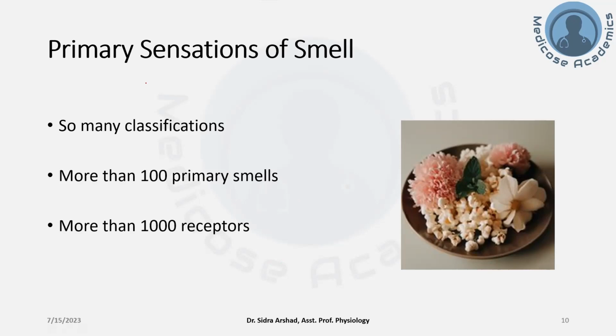Therefore, the primary sensations of smell cannot be discerned. However, they are clumped together into certain categories, and these categories are usually used. For example, all the pleasant smelling or flowery smelling substances and molecules are categorized into the floral smell.